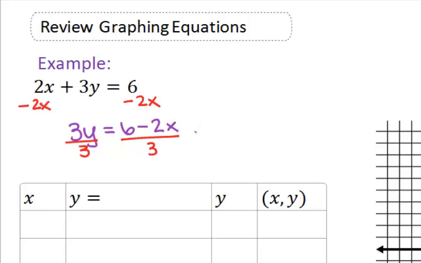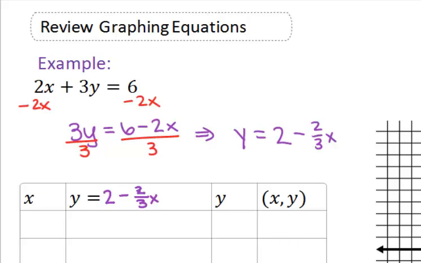And so our y is 6 divided by 3, which is 2, minus 2/3 x. So when we randomly pick our x values, we're going to substitute them into this equation here. That's going to give us the y value that relates to the x value.